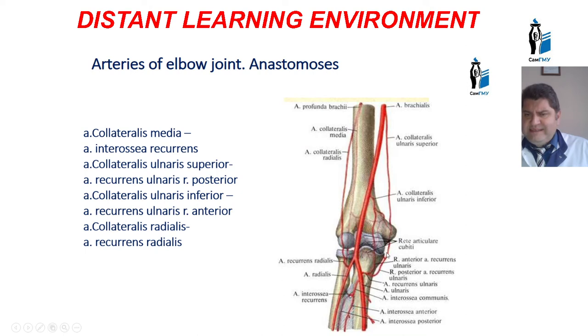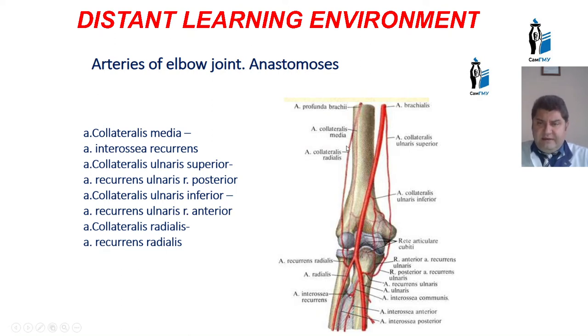You may see this anastomosis here. And at last you may see that the fourth anastomosis forms with the radial collateral artery from the profunda brachii artery, and you may see this anastomosis here, collateral radialis.